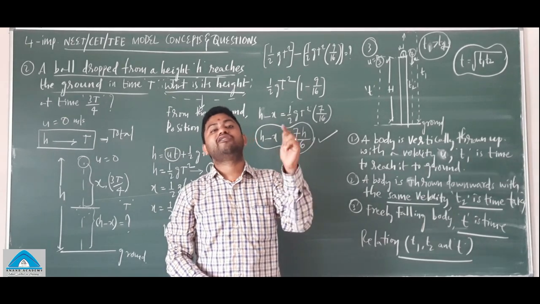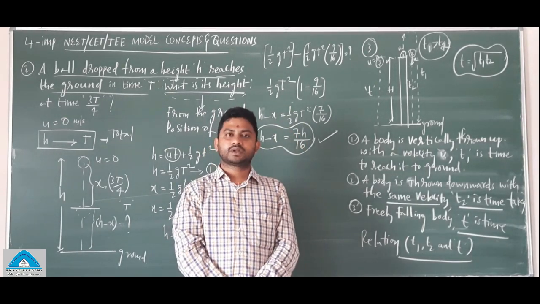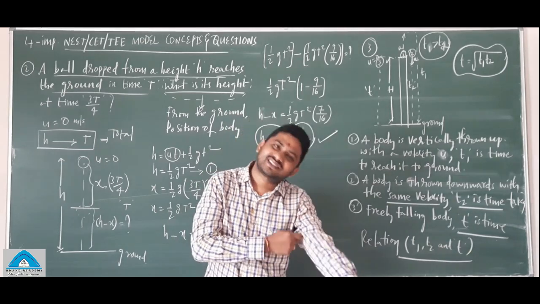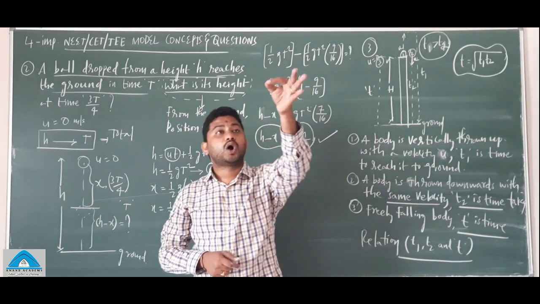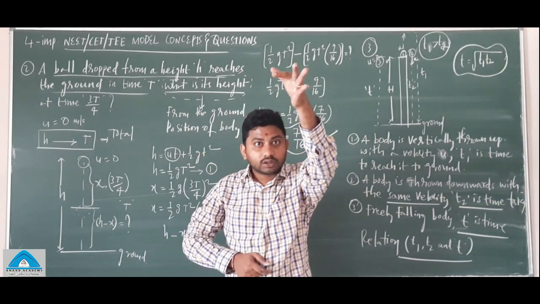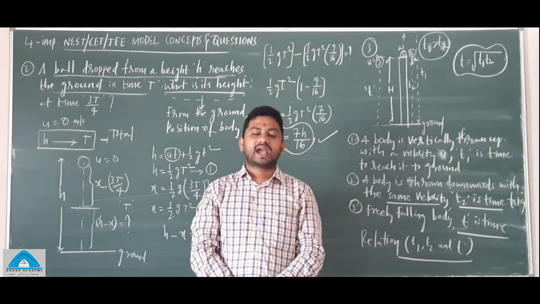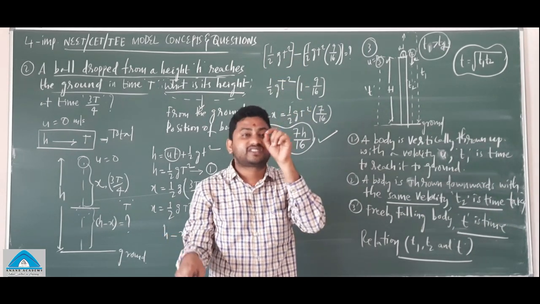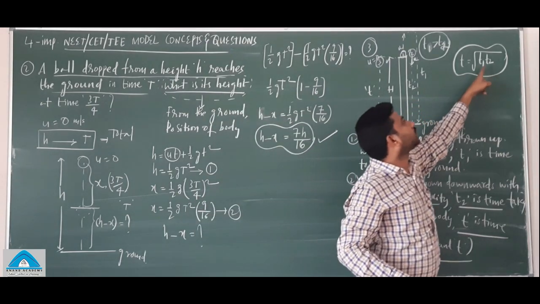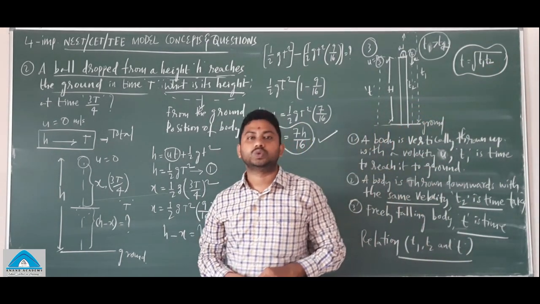In this case, T1 is greater than T2. In the third case, from the same top of the tower, a body is dropped. The time taken by it to reach the ground is t. And the relation among them is t is equal to square root of T1 into T2.